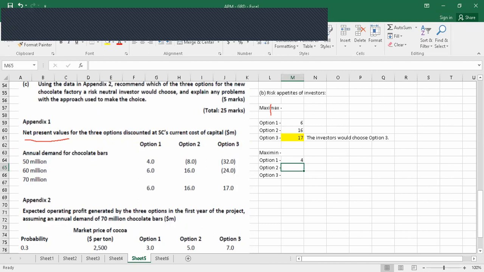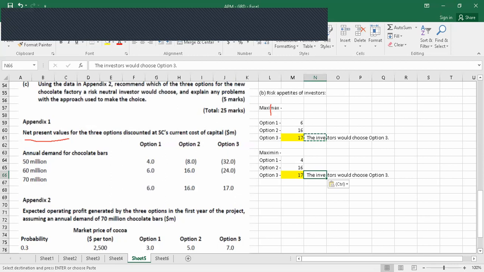So the next thing is 16. Okay, then comes option 3. Then again nobody would want to go with a loss, because the first 2 options have a loss. So here as well, in this situation as well, we see that the investors would go with the choice of option 3.